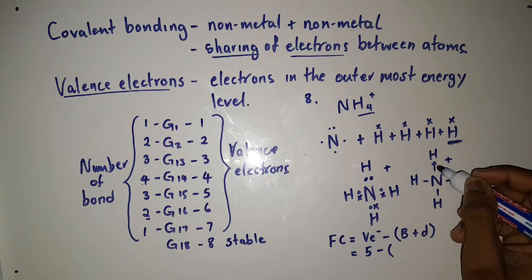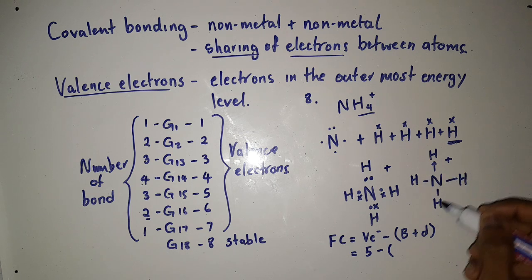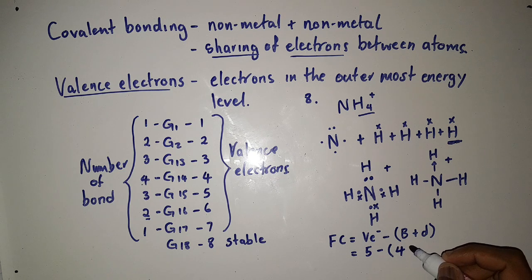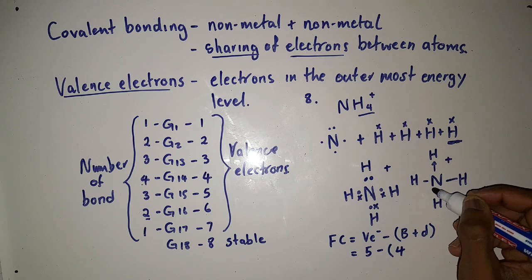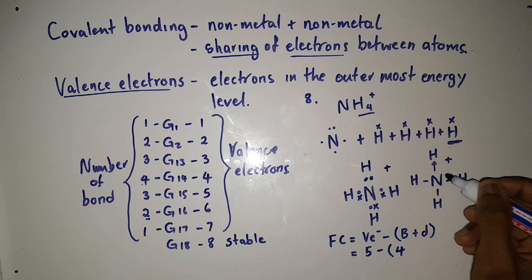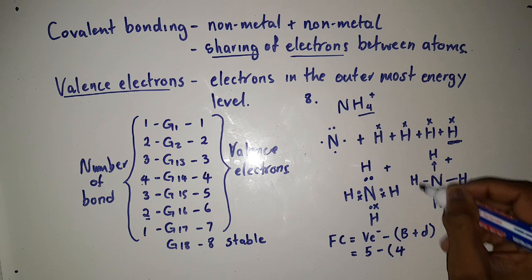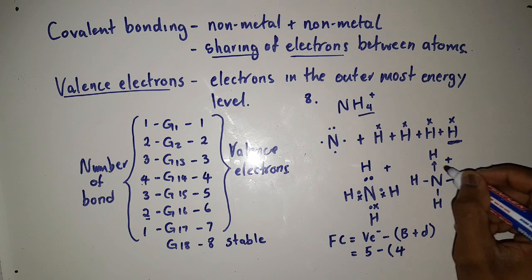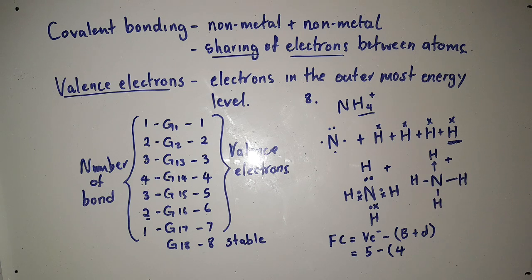We have 1, 2, 3, 4. We have 4 of these. Do we have some remaining dots there? No, we don't have any dots. All in all, we have lines like this. We don't have the remaining dot. Then now we just write 0. If you were to take your calculator and say 5 minus 4 plus 0, then your final answer is going to be 1, which is plus 1.